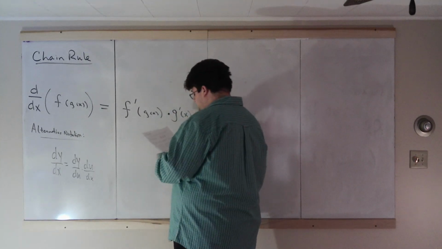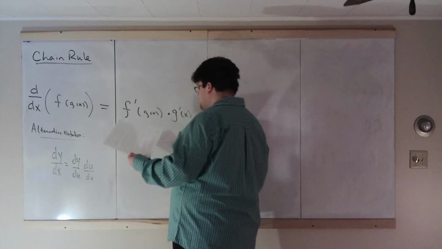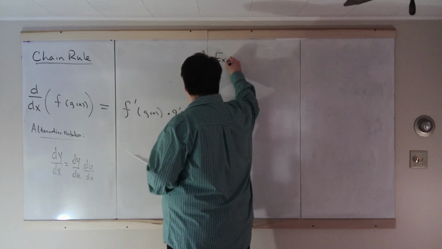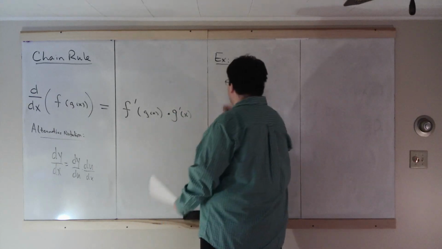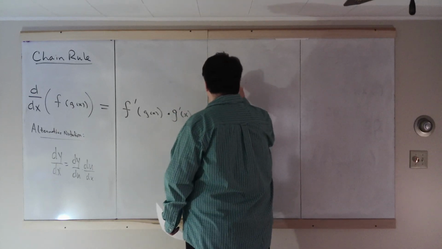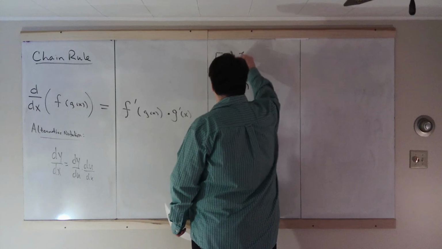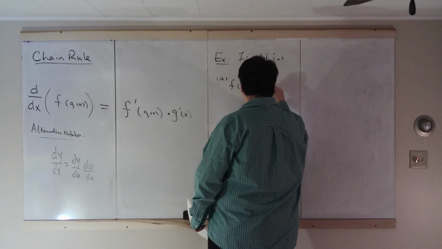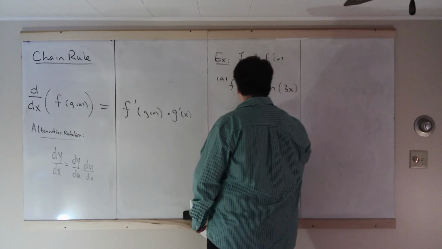But let's do several examples. Let's just start with those first two I wrote. A: f of x, so directions: find f prime of x. f of x equals sine of 3x.